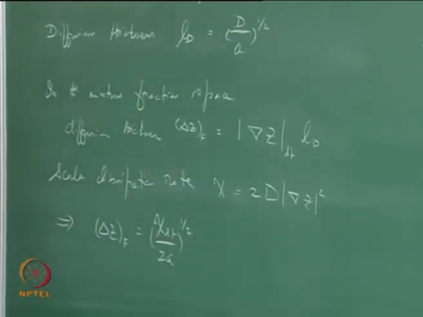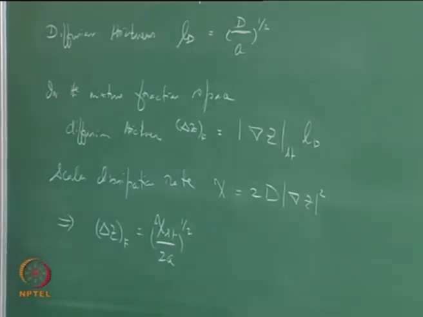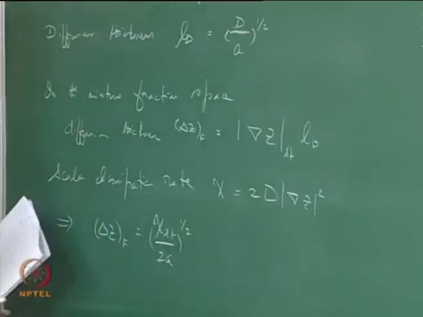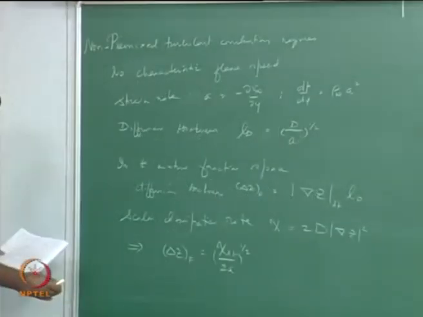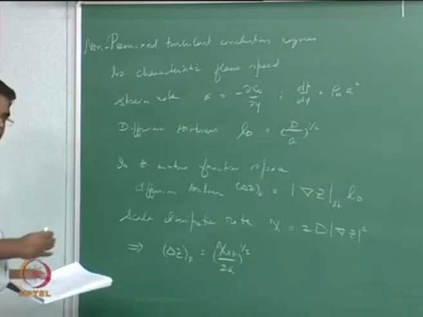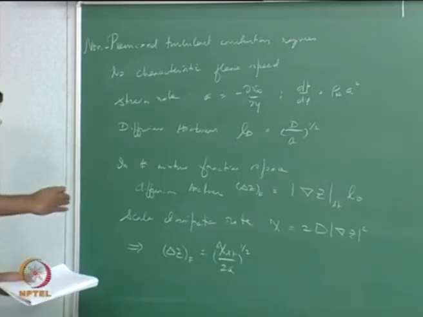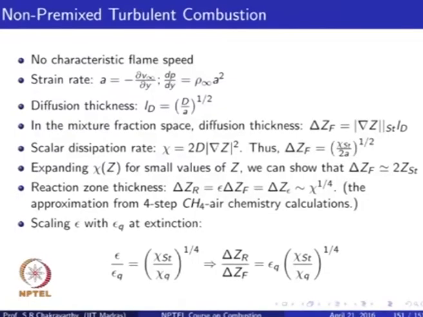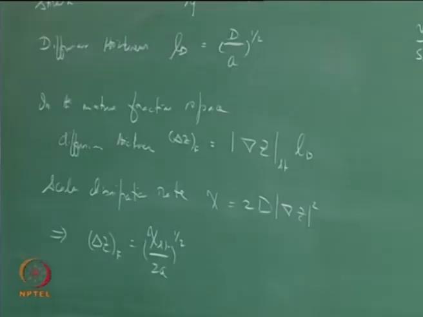Now if you want to make this a bit simpler, what you can do is expand chi about chi_st for small values of Z. Let's say the Z is not varying too far out from Z_st, and chi depends on Z, therefore you expand chi about chi_st for small values of Z. That's like a Taylor series approach.